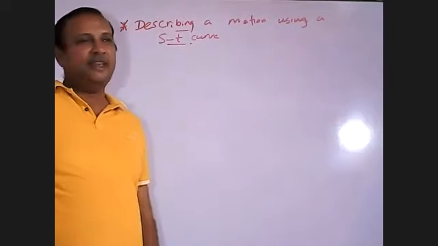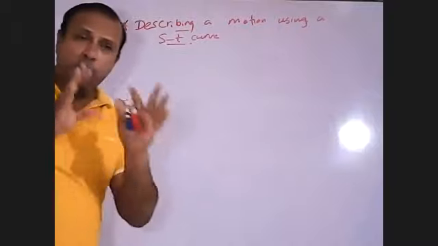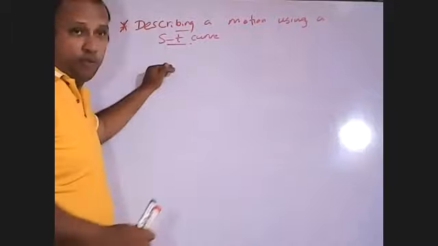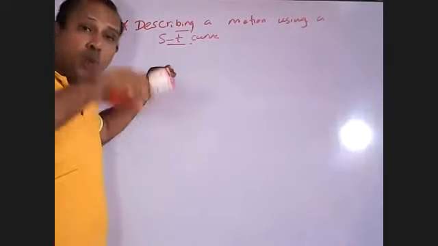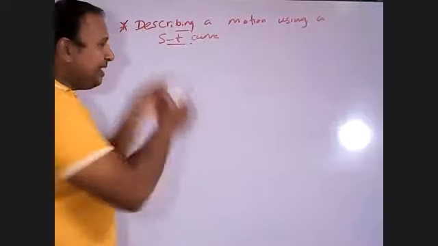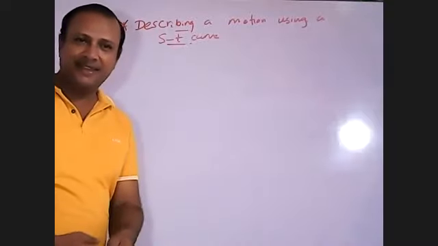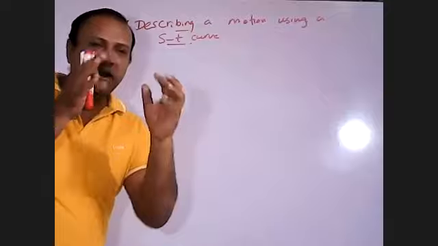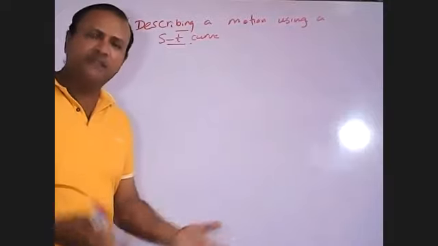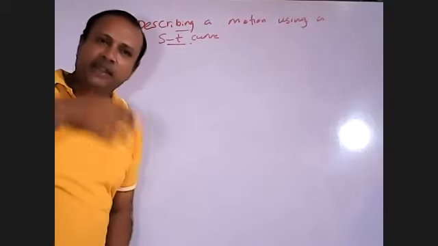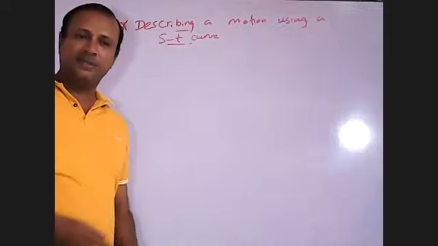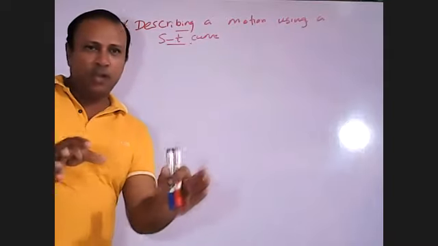So if you want to describe a motion using an ST curve, you have to identify those factors in an ST curve. If you can identify those factors using an ST curve, then definitely you can identify that motion and describe it. That is my argument.